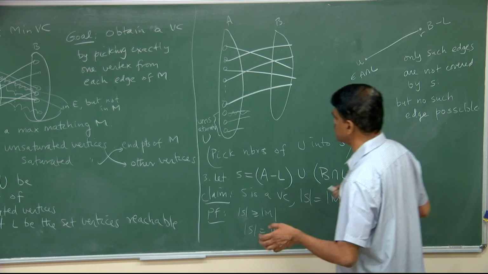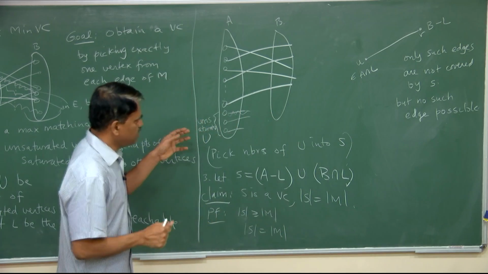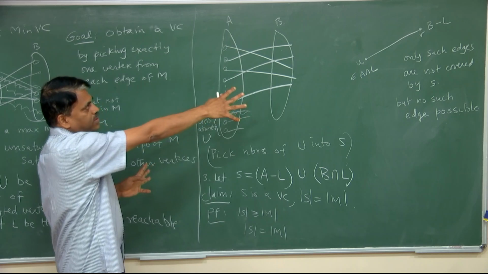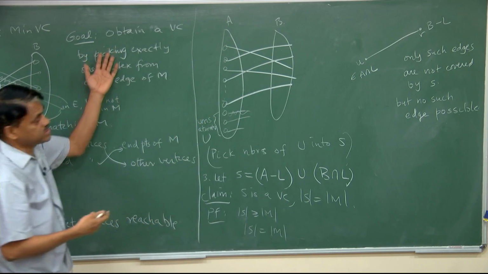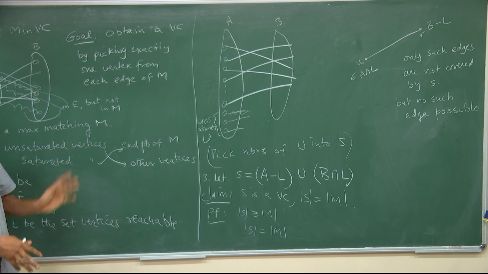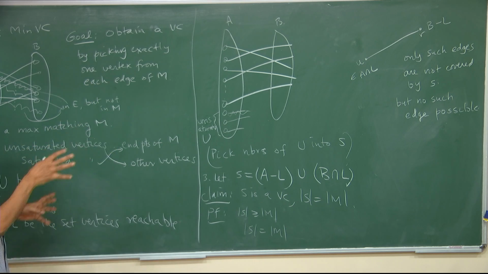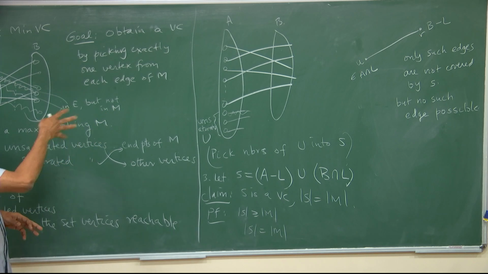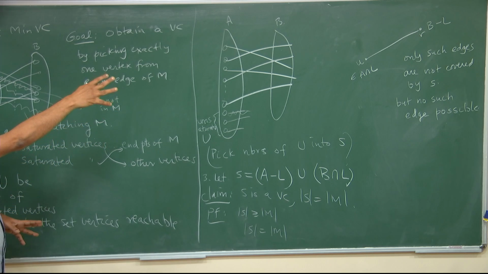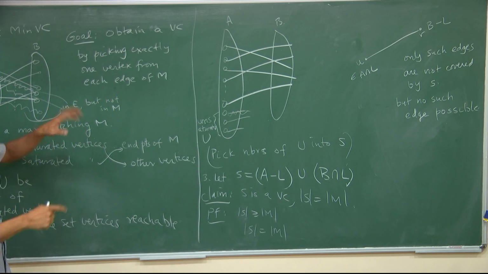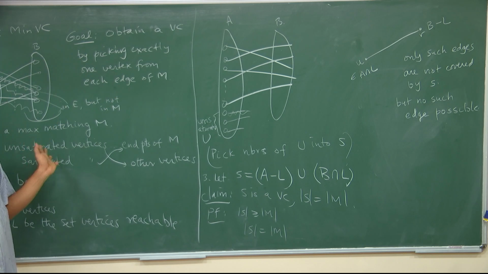So the simple intuition is start with some unsaturated vertices here. You know you need to pick all their neighbors into your solution if your goal is something like this. So just pick them and continue along, not just their neighbors, any vertices you can reach by a path, pick all of them. For the other matching edges, pick the other endpoint. And that just seems to work.